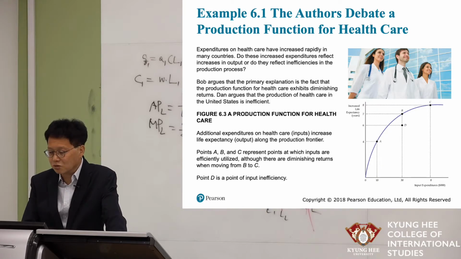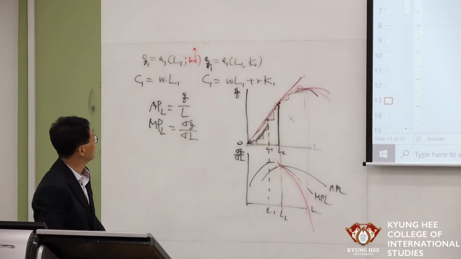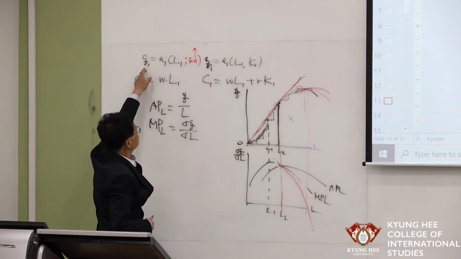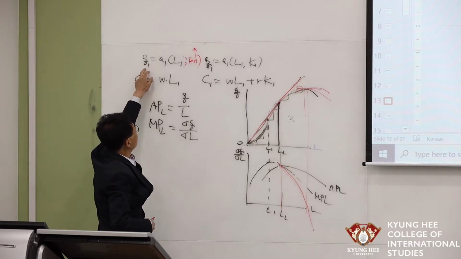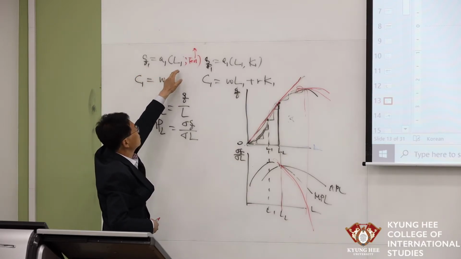The other argument is this one, for example: some technical inefficiency happens. The production function means input, then output, so this output is the maximum output when using this labor input.